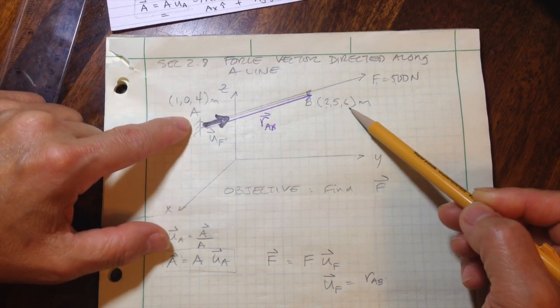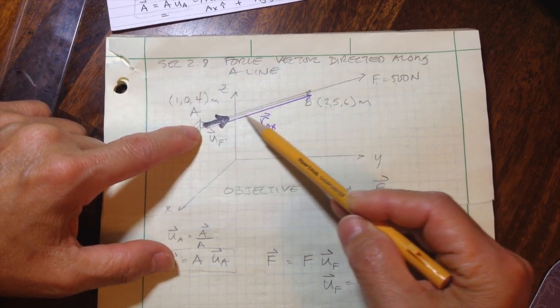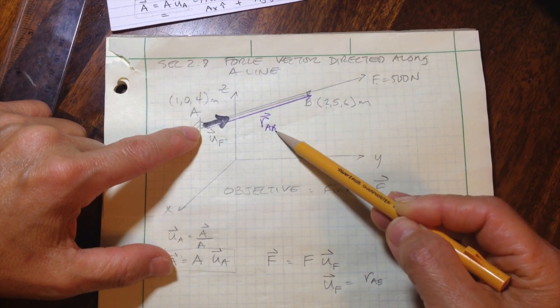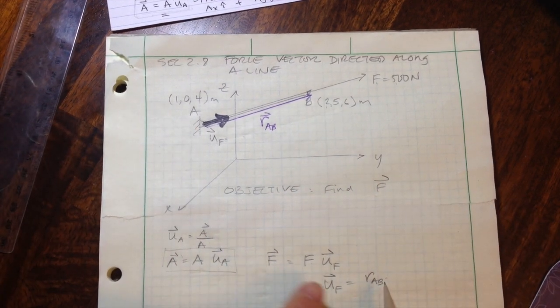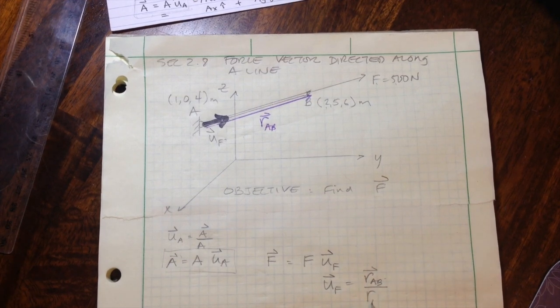So what we're doing is utilizing the information that we have. Once we have these position coordinates, we know we can find the position vector, which we can use in this equation to get our unit vector.